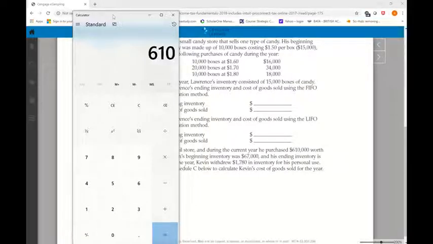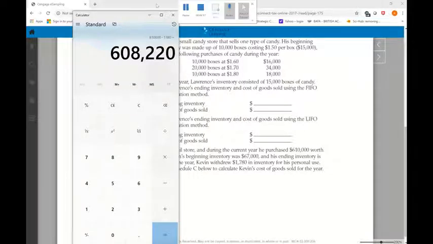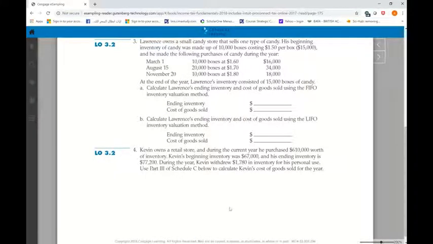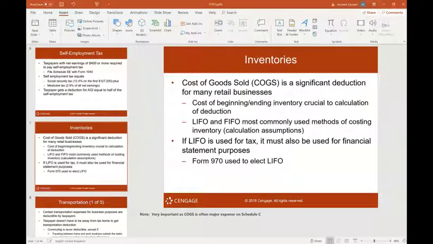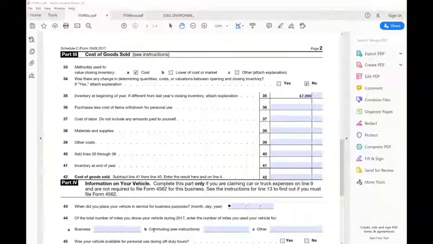We have 610,000, and then take away the 1,780. So the remaining amount is 608,220, and this is the amount that we will use in the form: 608,220.